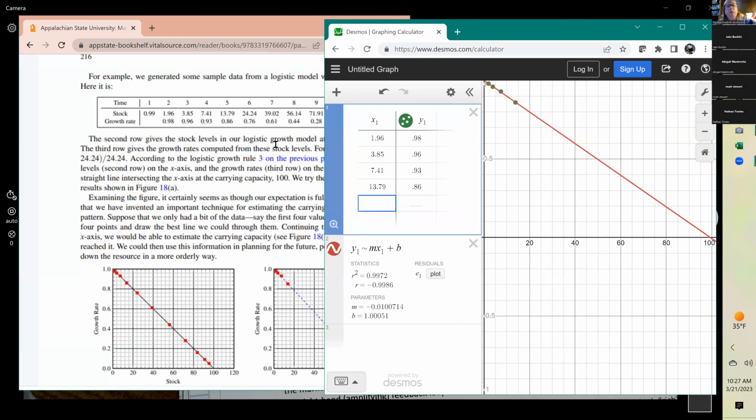We type a few more. 24.24. Oops, too many 2s there.